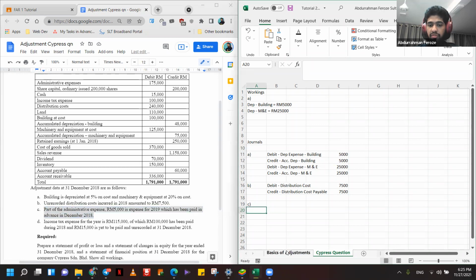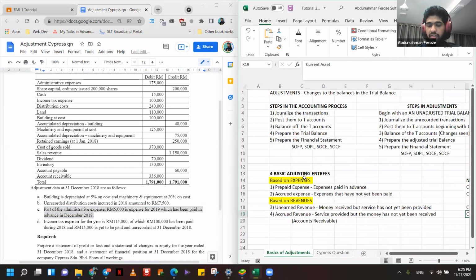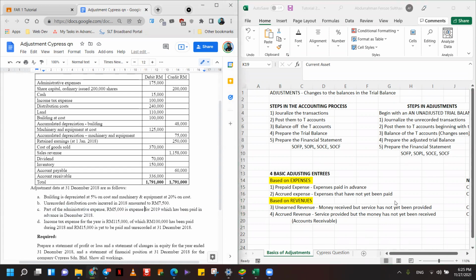From these four types, what type of expense is this? Debit accounts payable, credit administrative expense. No. First, tell me what type of adjusting entry is this? Part C. Prepaid expense. Yes, it's a prepaid expense.